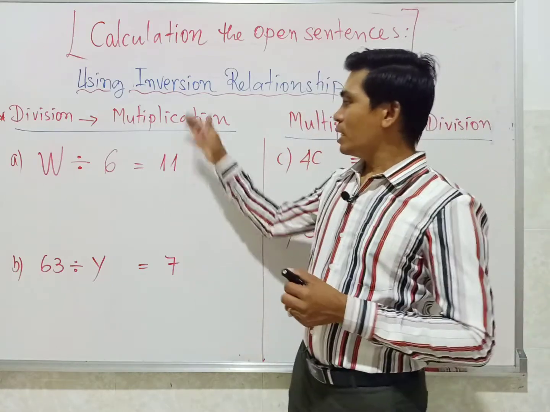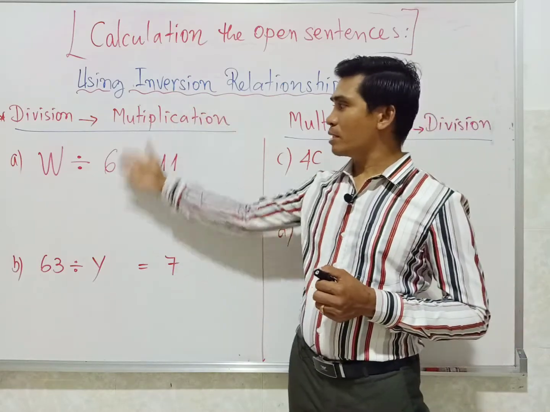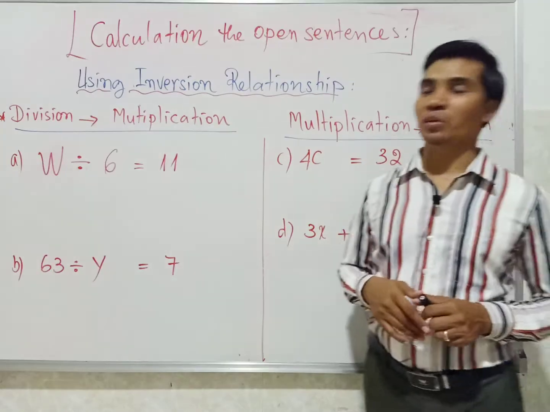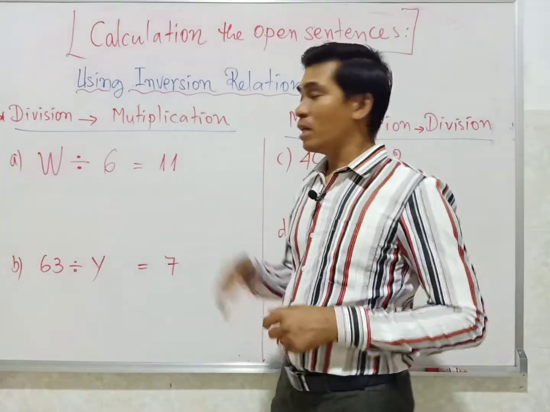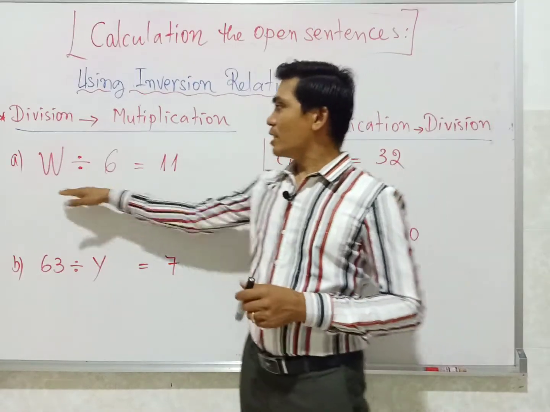So here is the open sentence exercise. This part is about division, and this part is about multiplication. Let's see together. In exercise A, that is the open sentence.